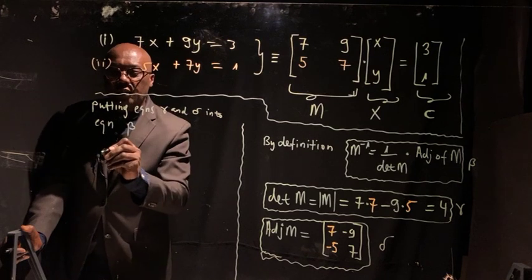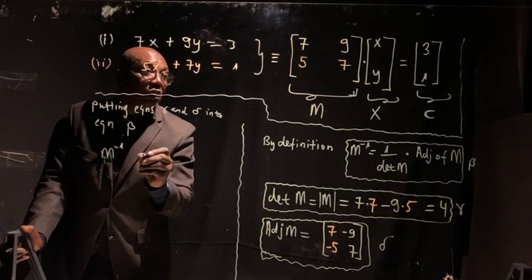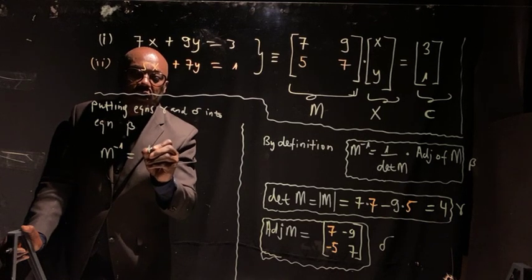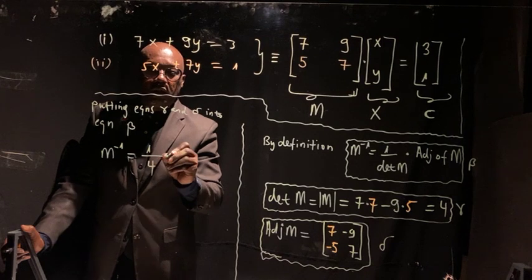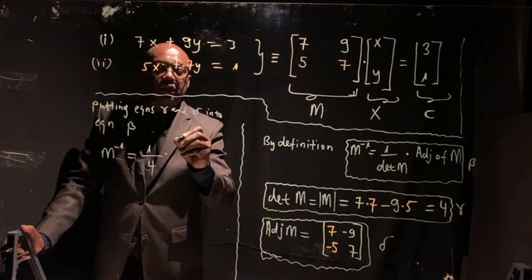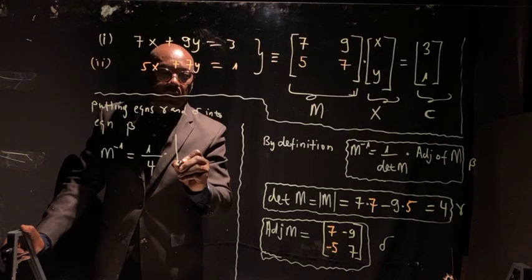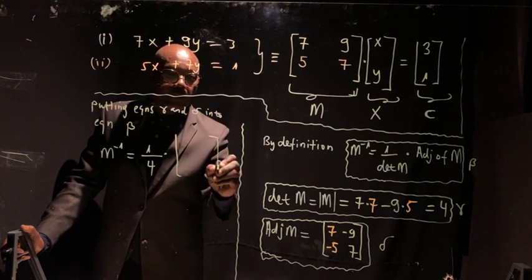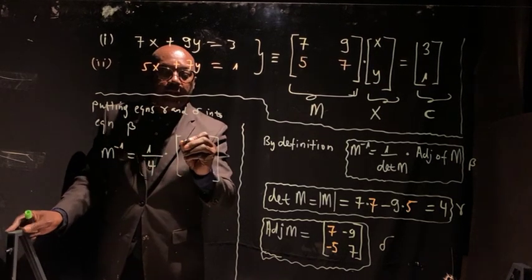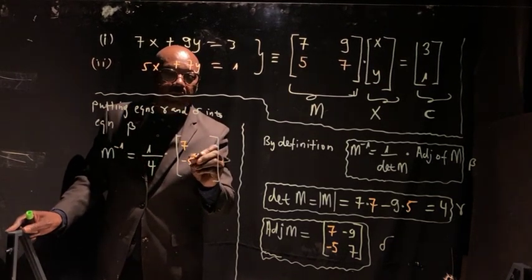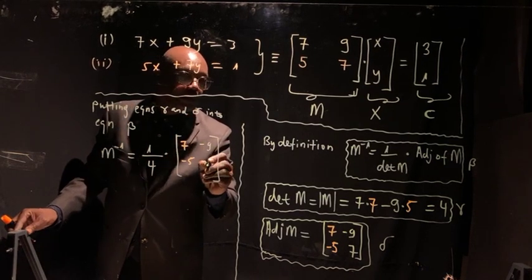We find the inverse of matrix M is equal to 1 over the determinant, the determinant is 4, times the adjoint of the matrix: 7, minus 5, minus 9, 7.